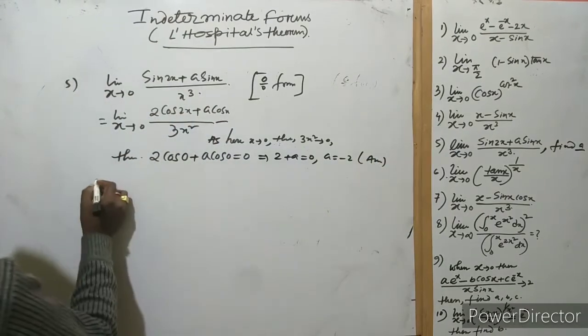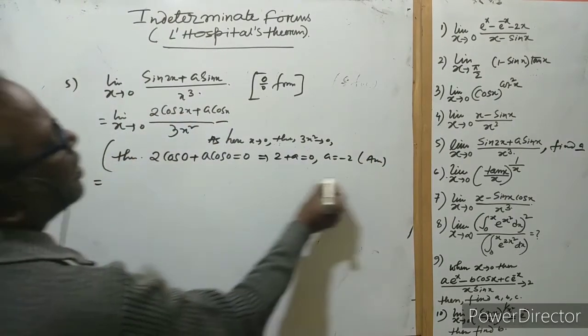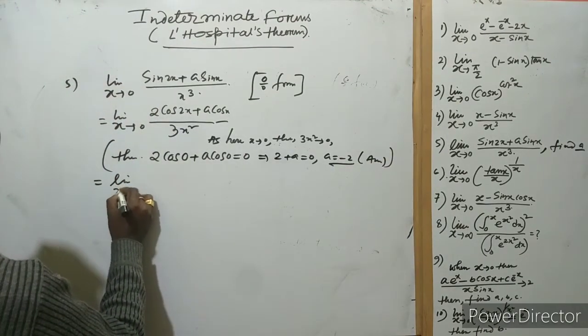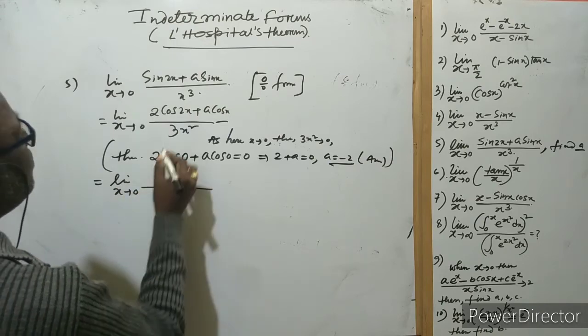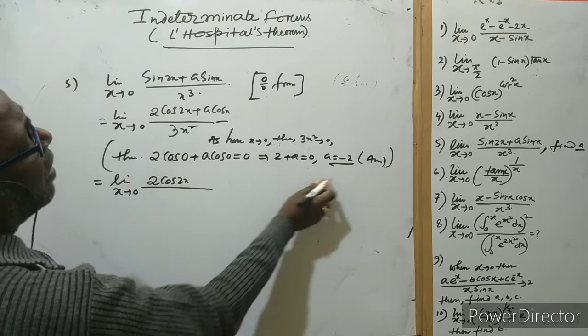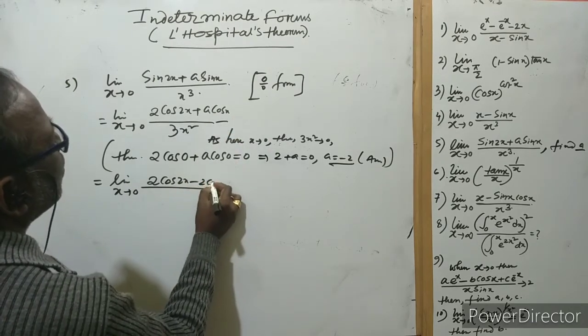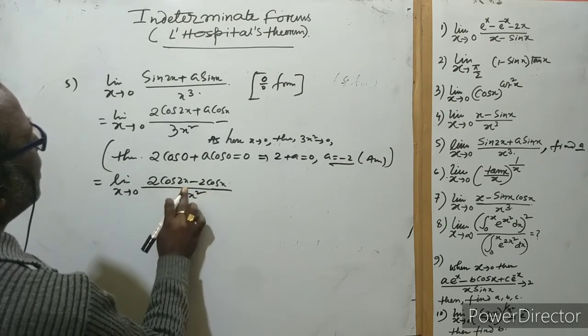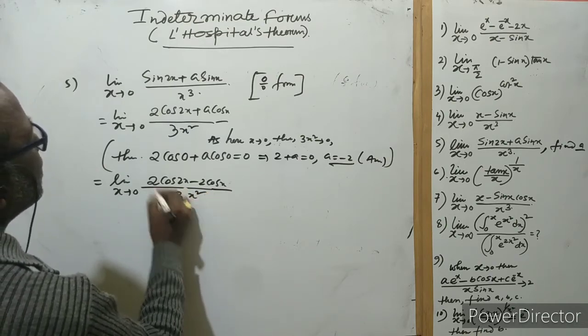And find the limit here. So then again, this is the answer to one question, and the limit is here, limit x tends to 0, (2 cos 2x, and the value of a is minus 2, cos x) by 3x square.